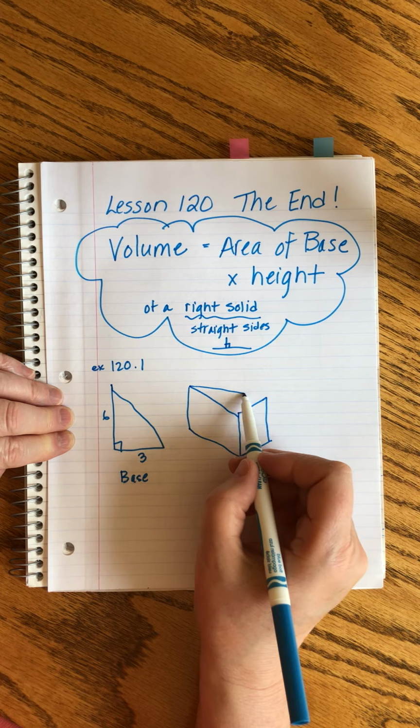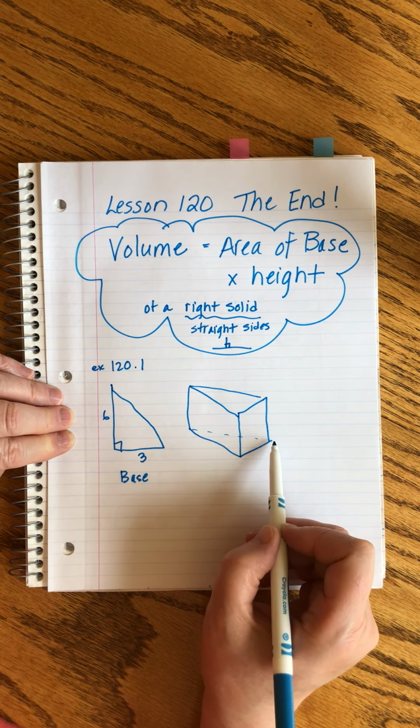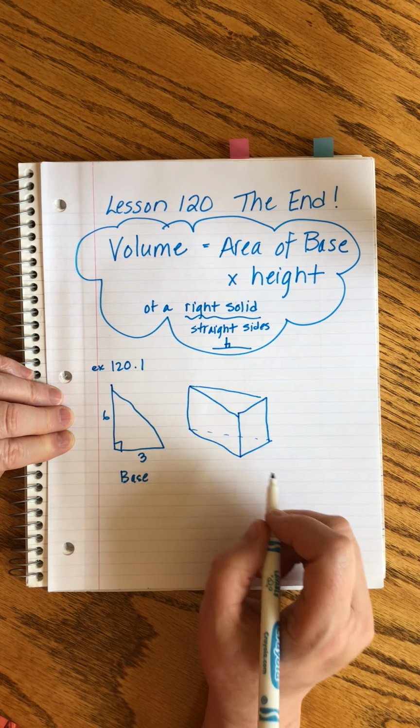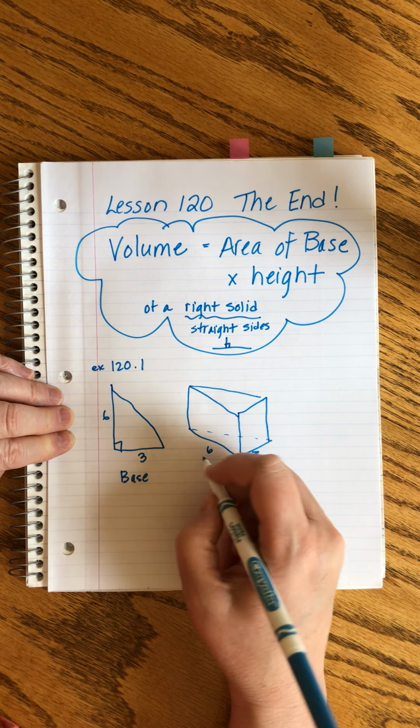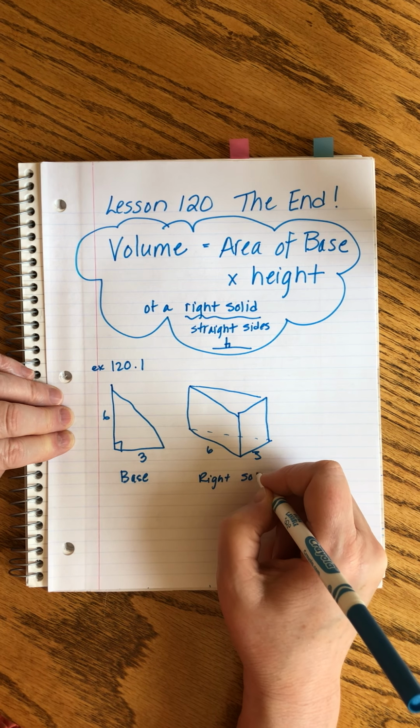Oh, my lines aren't very straight. And then he shows us 6 and 3, and he says right solid.